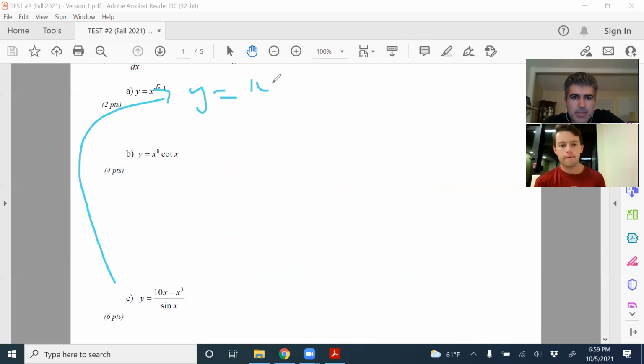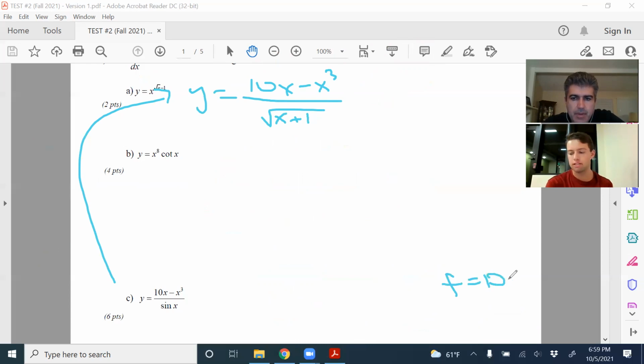So we have 10x. Okay. Your f is 10x minus x to the third. And what's the derivative of that? The derivative of that is 10 minus 3x squared.